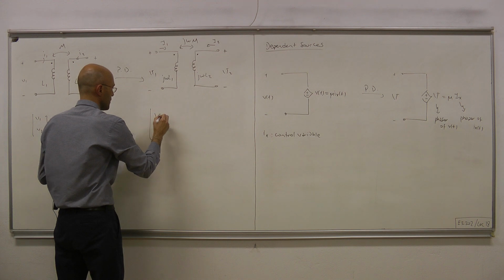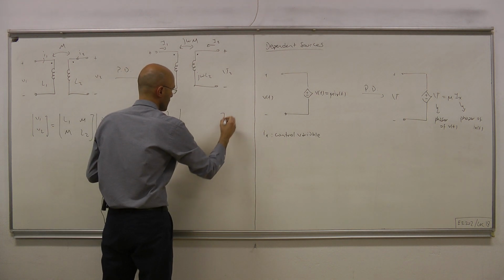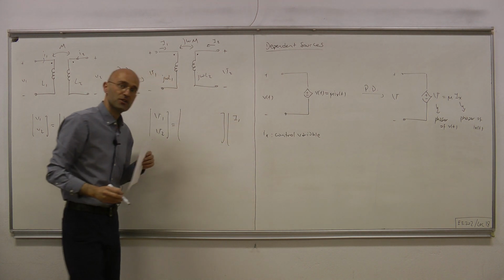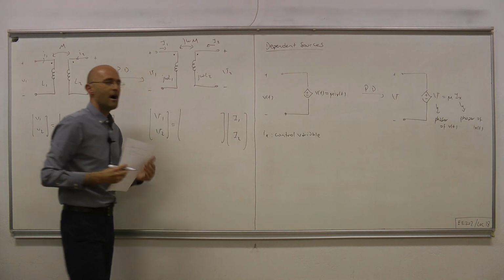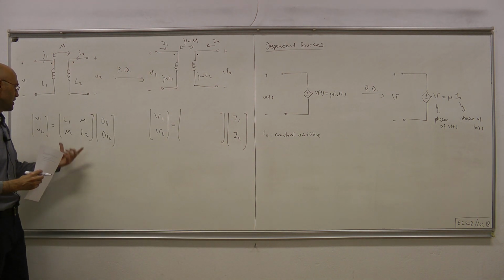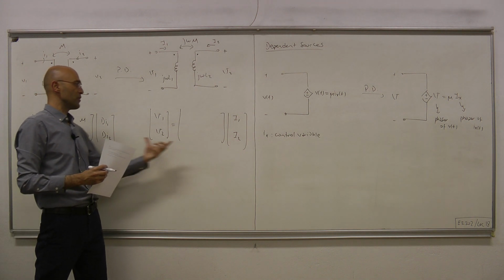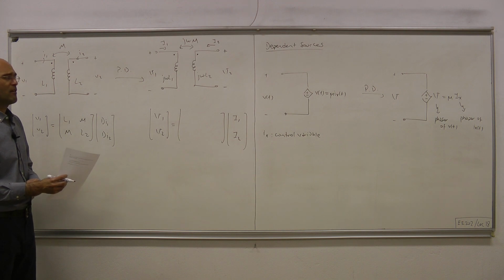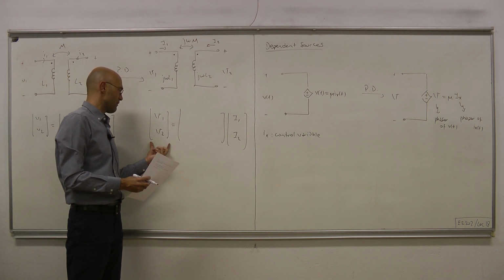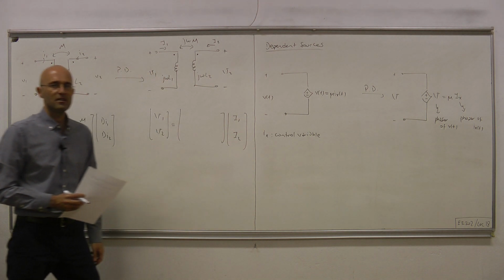[V1, V2] equals some constant matrix times [I1, I2]. So here we have a differential equation in matrix form, and that equation becomes an algebraic equation in phasor domain. The voltage vector equals some constant matrix times the current vector.